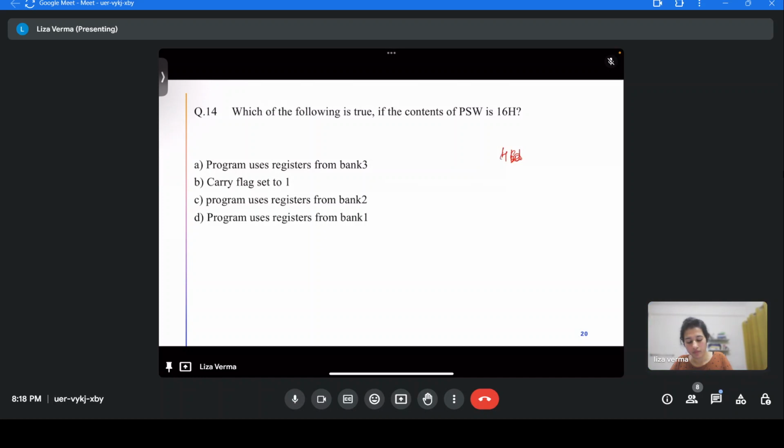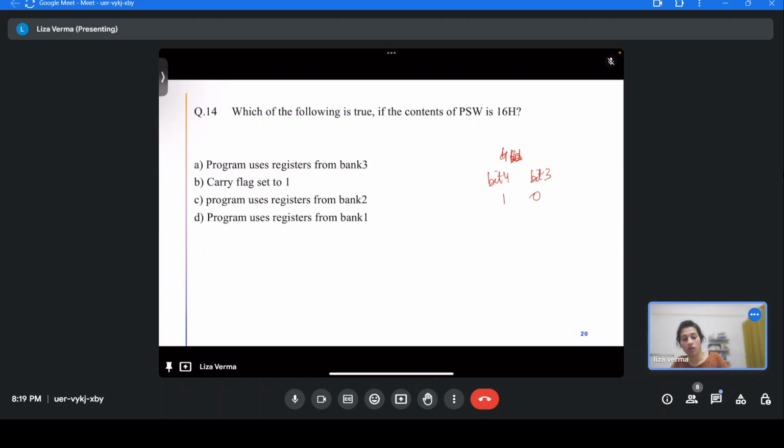The program uses registers from bank 2, I think, because D4 is 1 and D3 is 0. Bit 4 is 1, and bit 3 is 0. So, which bank will be selected? Bank 2.